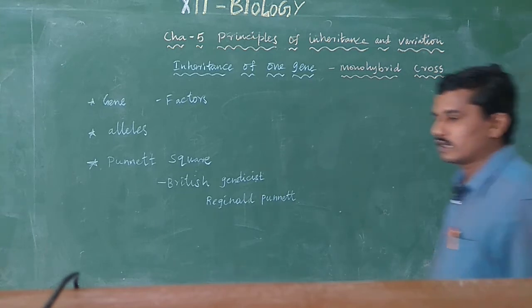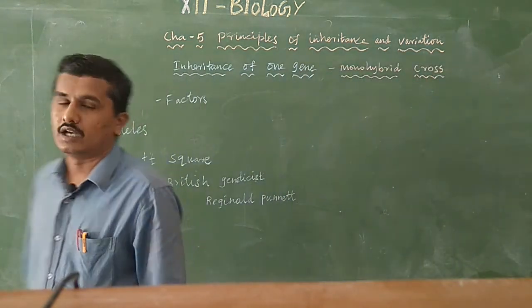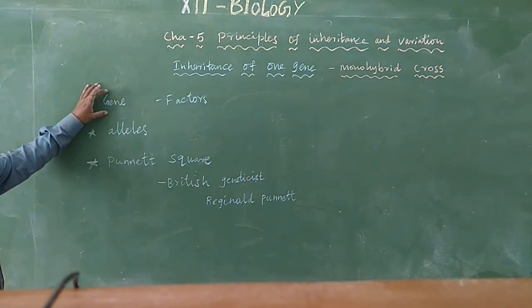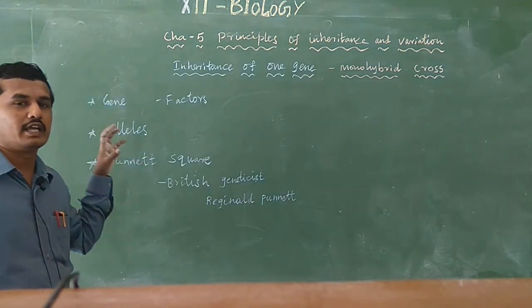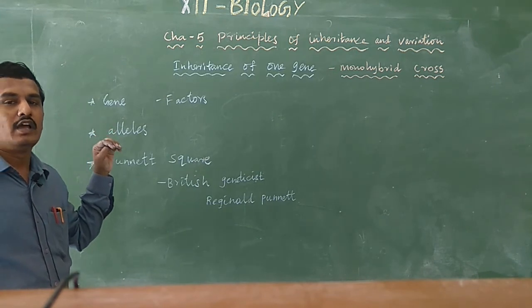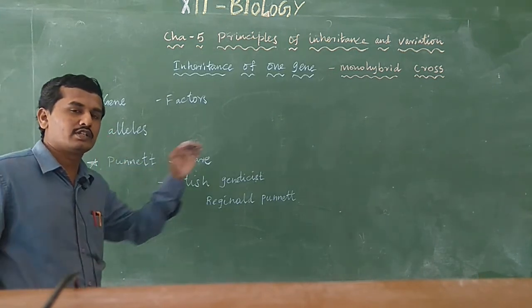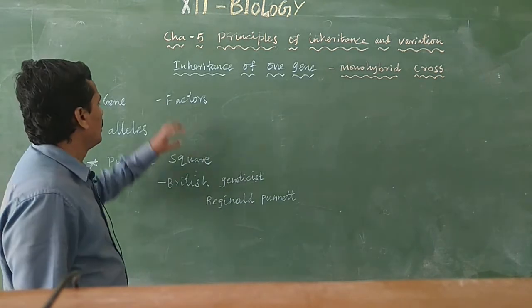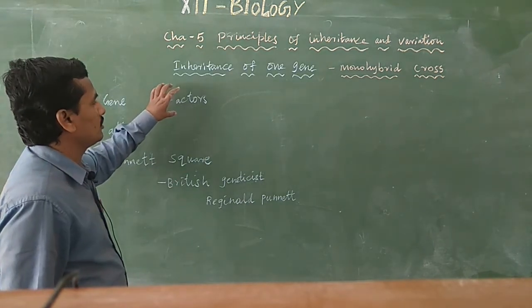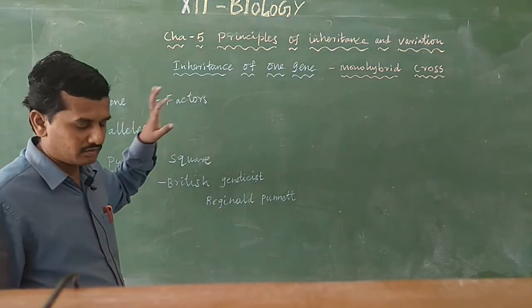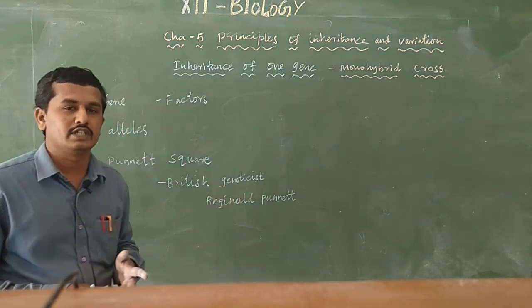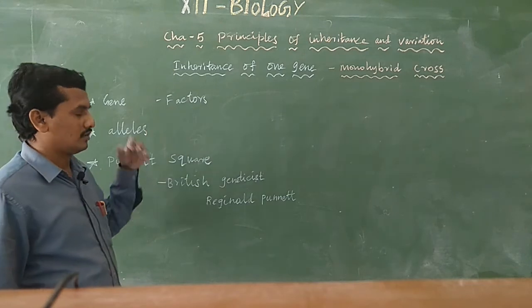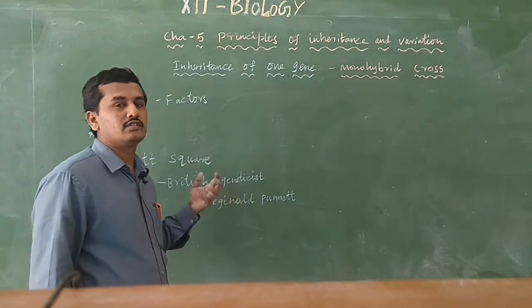According to Mendel's laws, Mendel did not know about genes. Normally we know that a gene is a segment of DNA which controls the characters and which inherits the character from one generation to the next generation. According to Mendel's laws, there are factors. Factors are nothing but genes, but Mendel did not know about genes. So Mendel called genes factors.